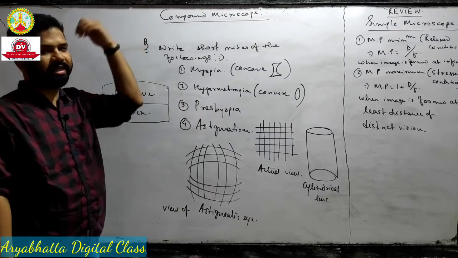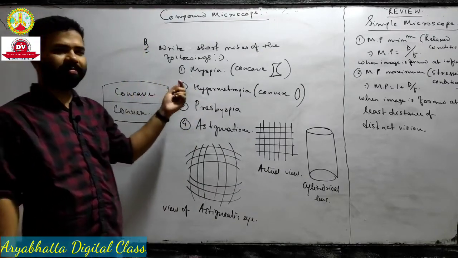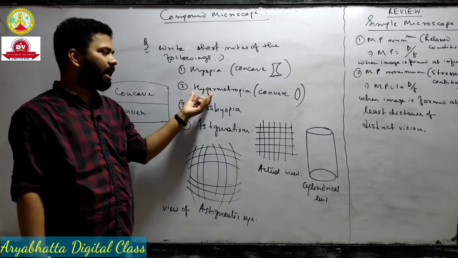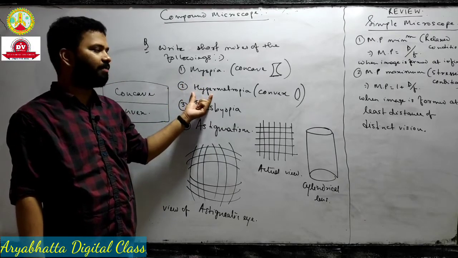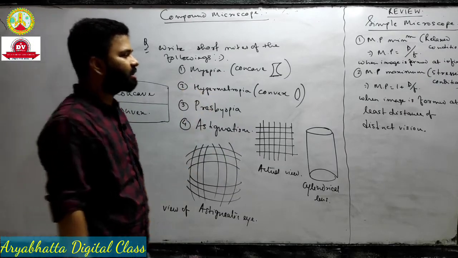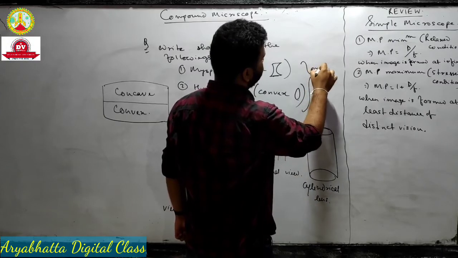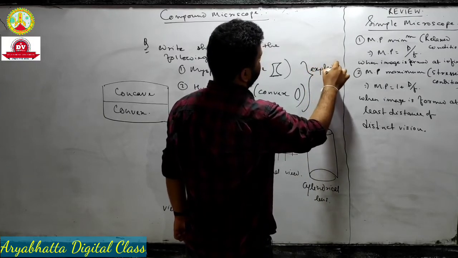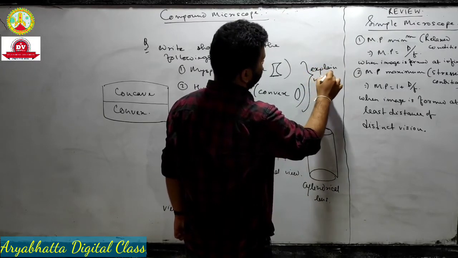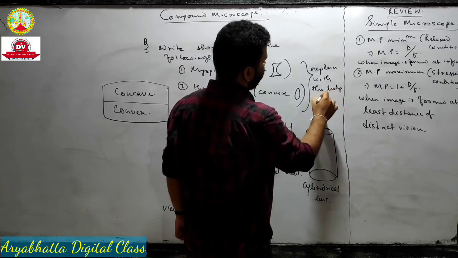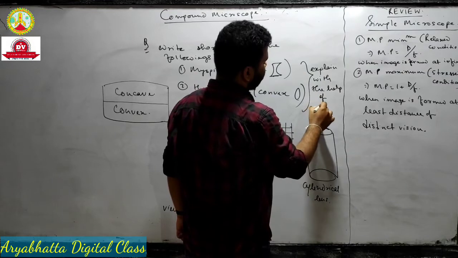And number 4, astigmatism. Okay, you will get some diagrams showing how myopia is corrected and how hypermetropia is corrected with the help of diagrams. So these two you explain with the help of correction diagrams.